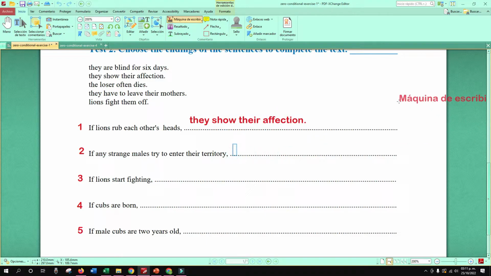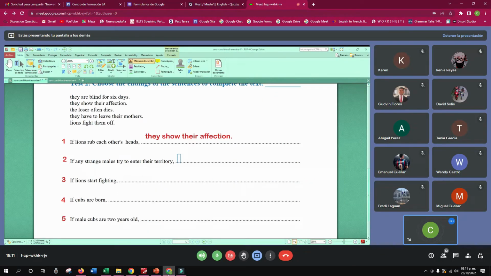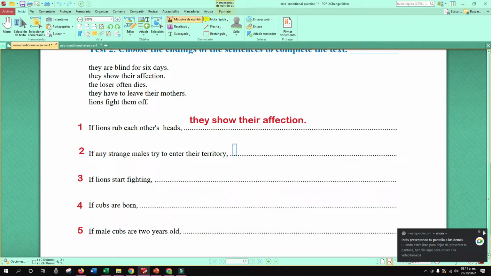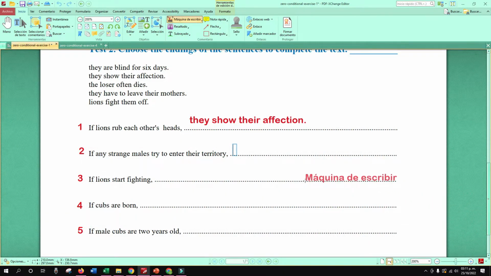Abigail, would you like to help me with the number 2? Yes, teacher. If any strange male try to enter their territory, lions fight them off. Excellent.